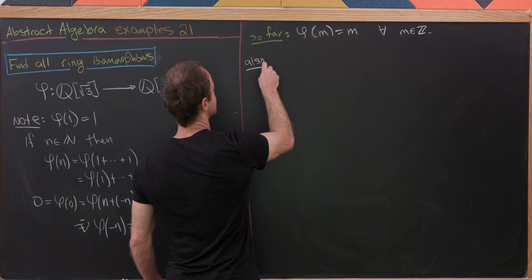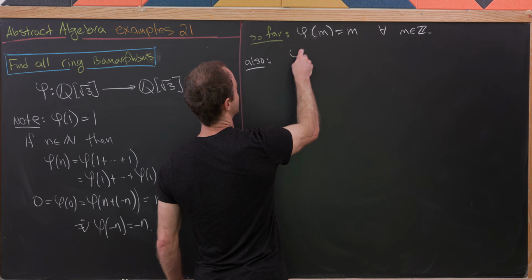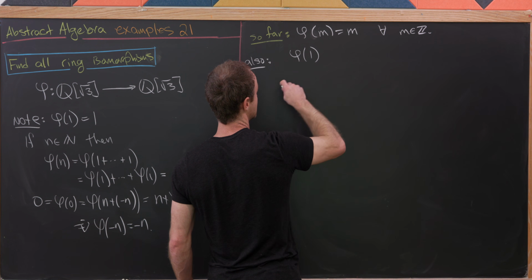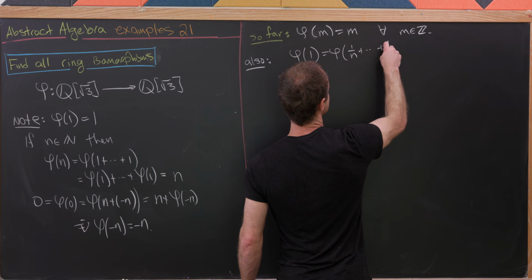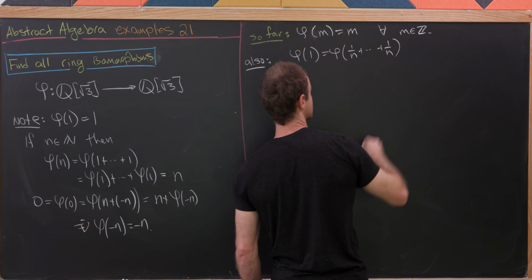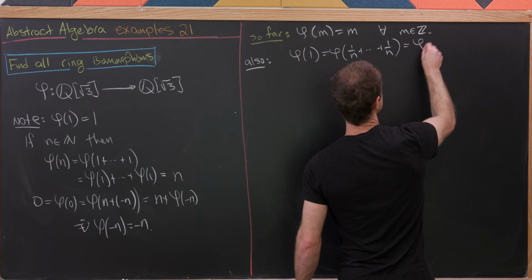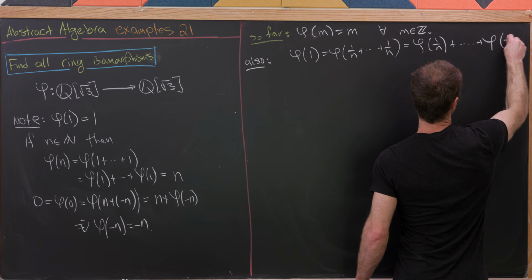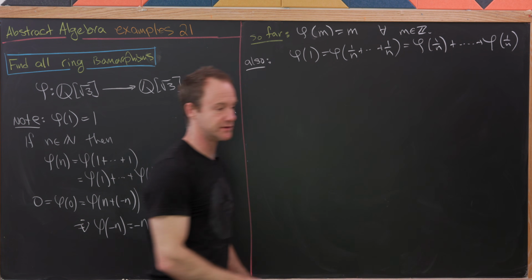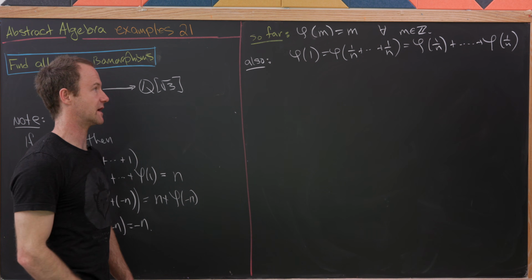So let's also notice that phi of 1 is the same thing as phi of 1 over n added to itself n times, where now I'm using the fact that we have a ring homomorphism there.